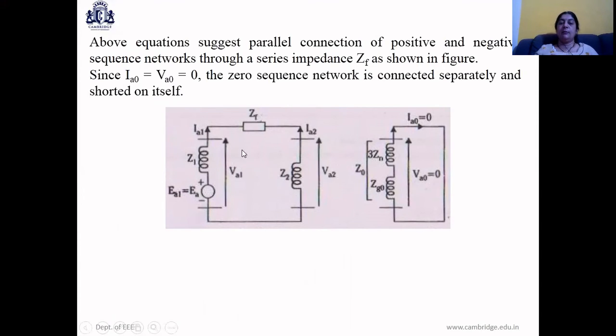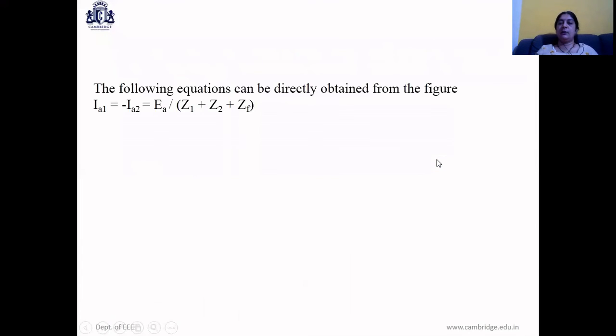Therefore, between the positive sequence network and the negative sequence network, we now have an impedance ZF coming into the picture. Whereas IA0 is 0, VA0 is 0, which indicates the zero sequence network is totally isolated and separated.